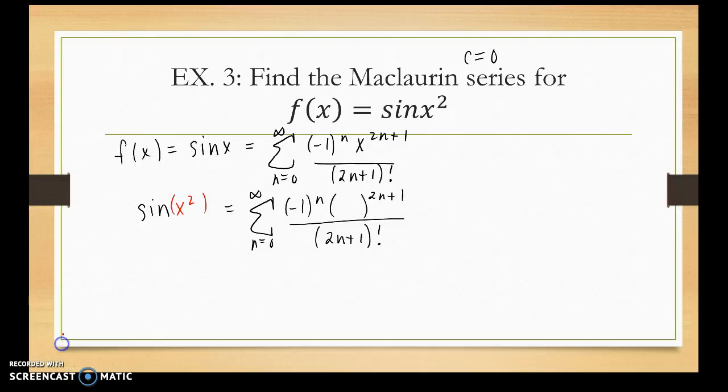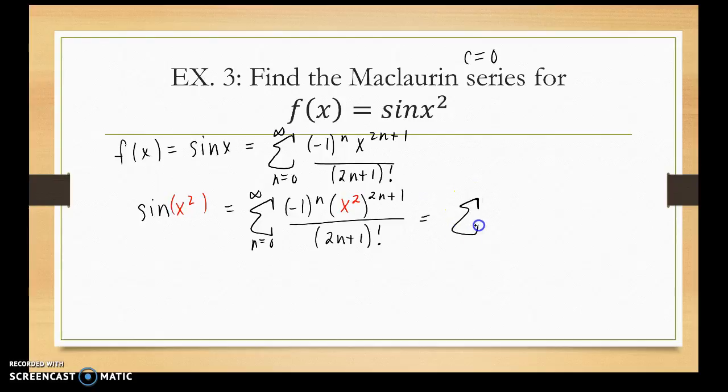I'm going to replace my x with x squared. What this does is saves you the very time-consuming method of finding each derivative. If we found the first 3 derivatives, plugging in those centers, finding the value of the derivative, putting it over n factorial. We already know what the series is defined as, so we can manipulate that as needed.